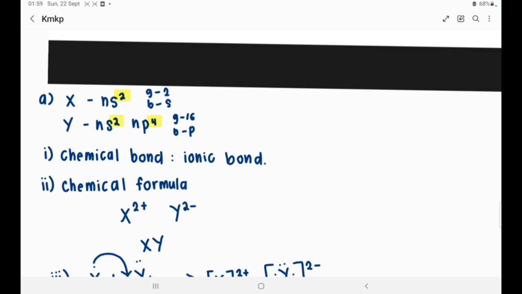and block p. To know the chemical bond, we can see that X is a metal, meanwhile Y is a non-metal.